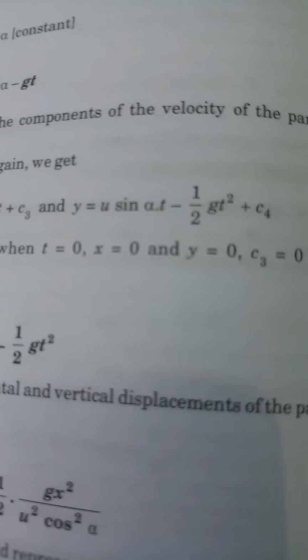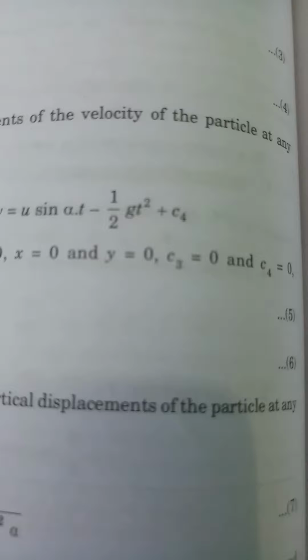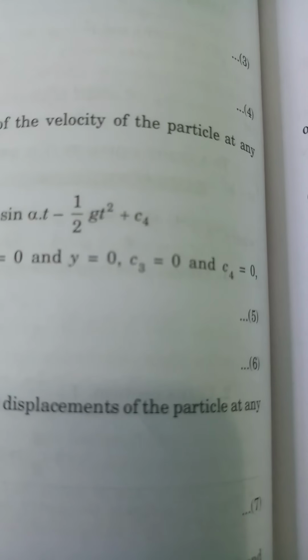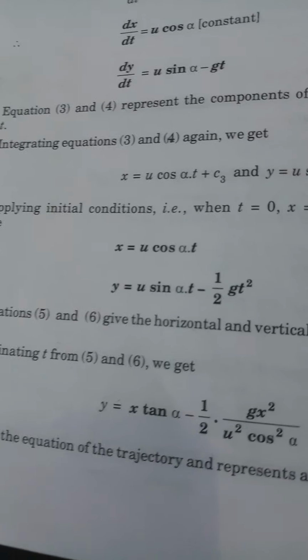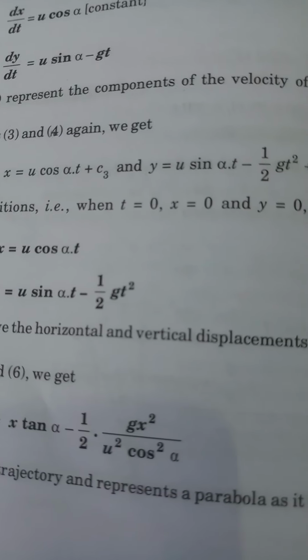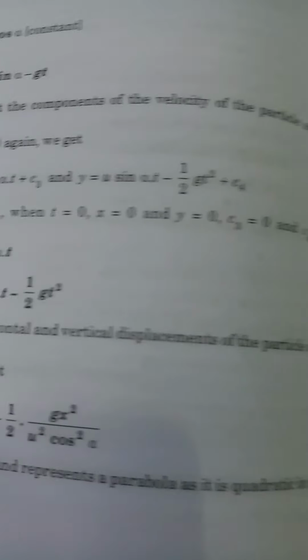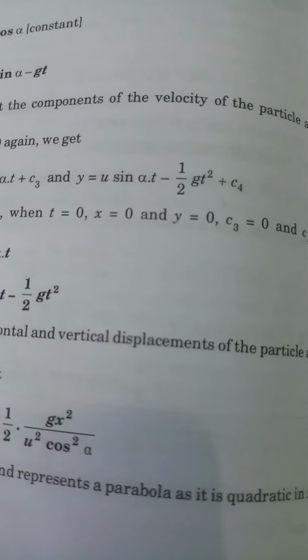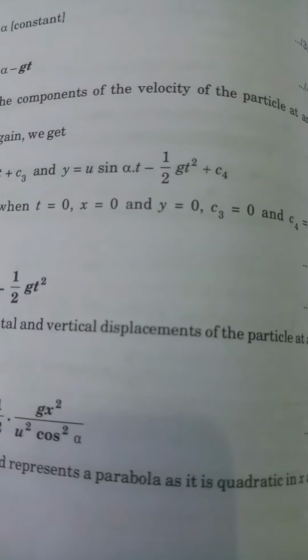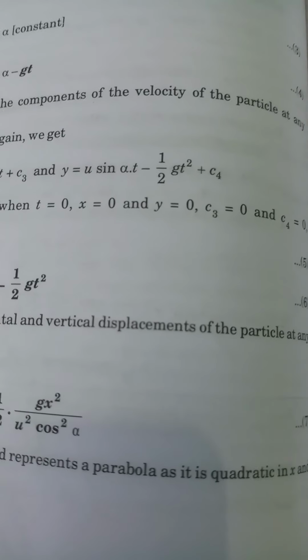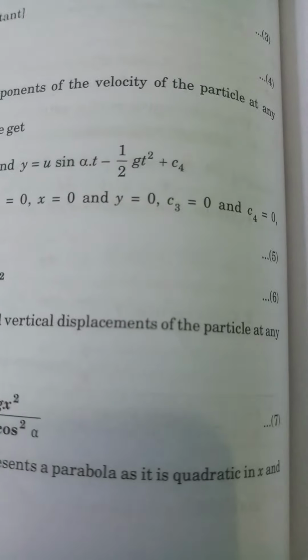Applying the initial conditions, that is when t equals 0, x equals 0 and y equals 0, we get c3 equal to 0 and c4 equal to 0. Putting these values in the equations, the arbitrary constants c3 and c4 both come out to be 0.